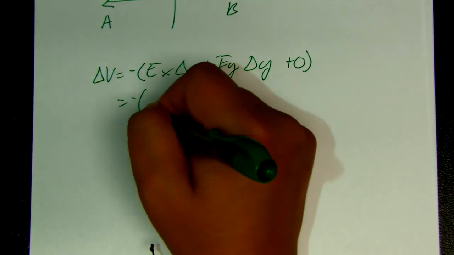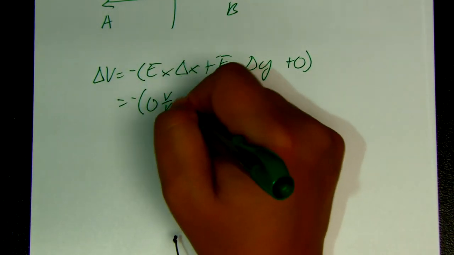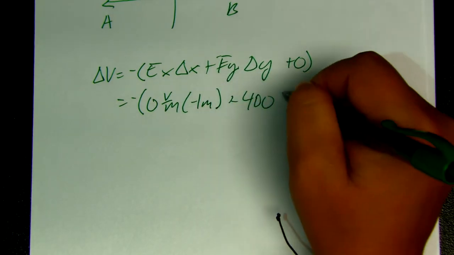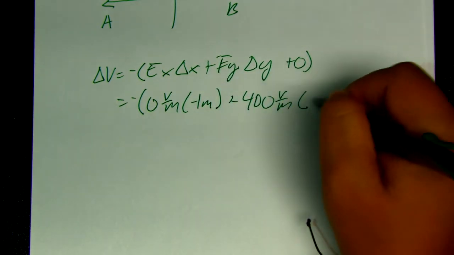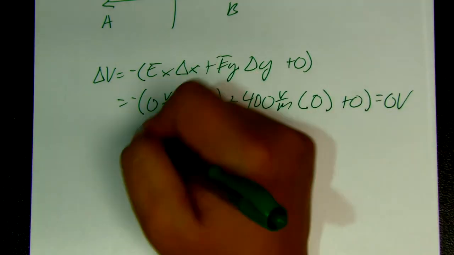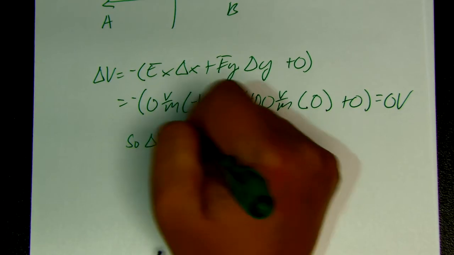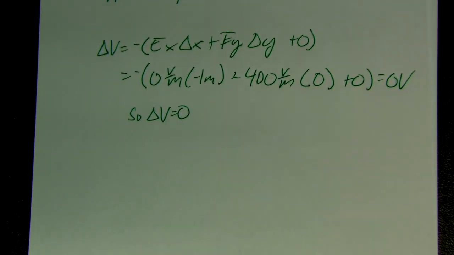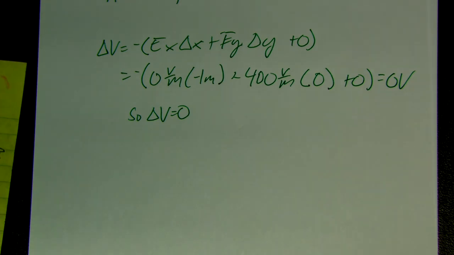This is equal to 0 volts per meter times minus 1 meter plus 400 volts per meter times 0 plus 0, which is equal to 0 volts. So delta V is 0, but this is consistent with what we learned when we talked about work. You can't do work perpendicular. No work is done, so 0.